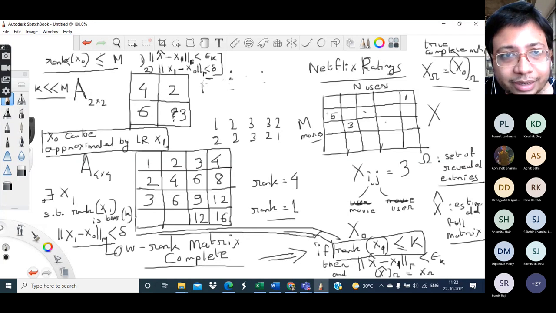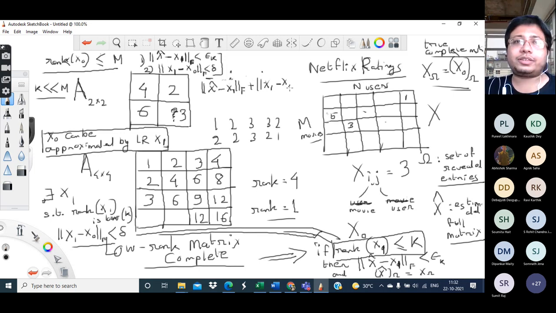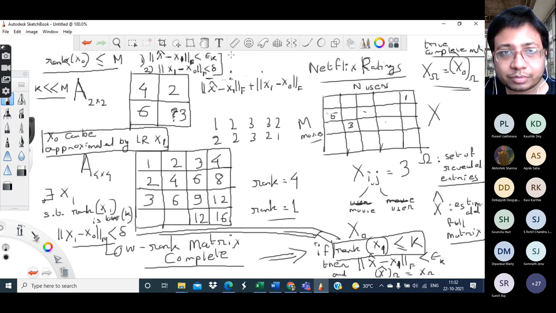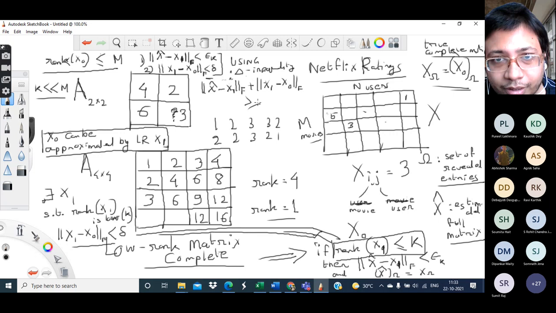It says that the Frobenius norm of X hat minus X1, plus the Frobenius norm of X1 minus X0, is greater than or equal to the Frobenius norm of X hat minus X0.